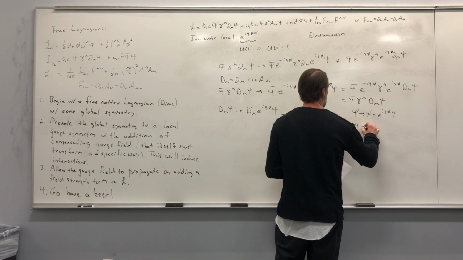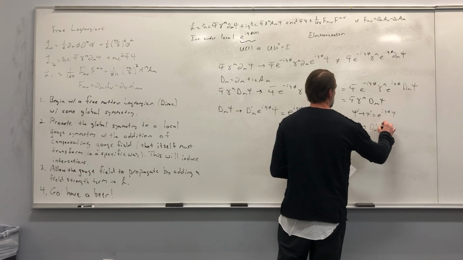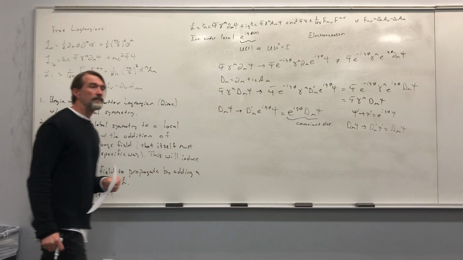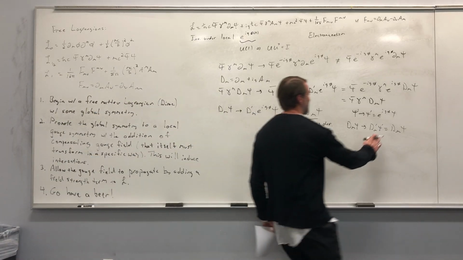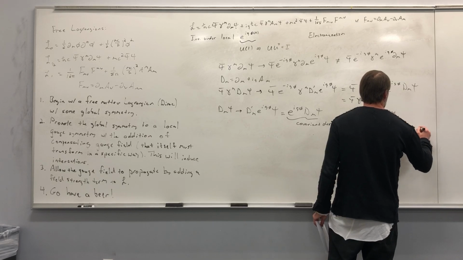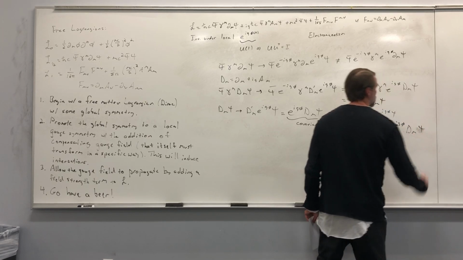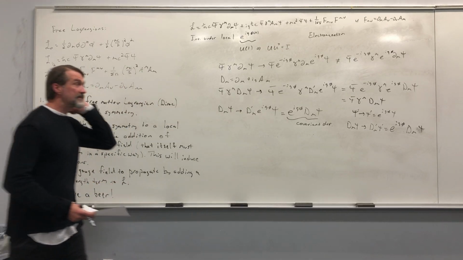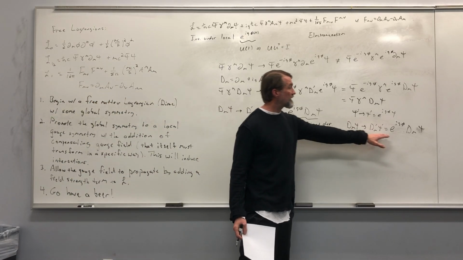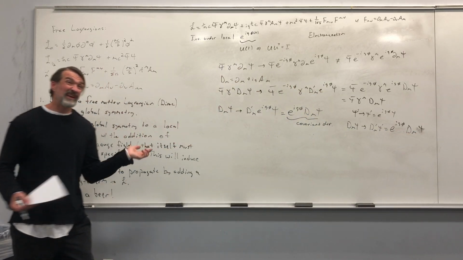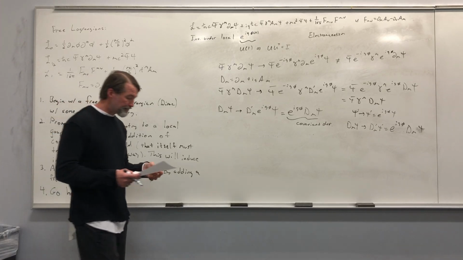D mu psi goes to D mu prime psi prime, which is e to the iq phi D mu psi. So this is the really nice property of this derivative. It lets you move the transformation of the field you're taking the derivative of outside, which always means you can cancel it. Okay?